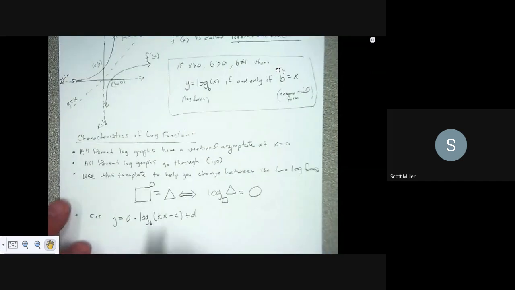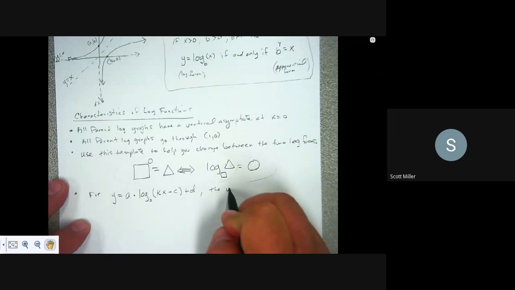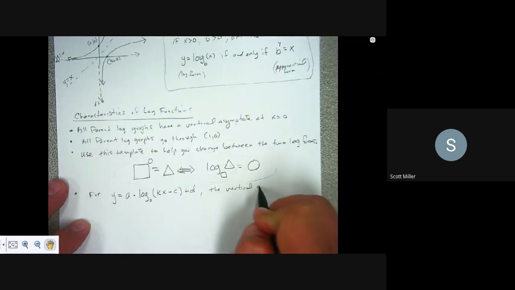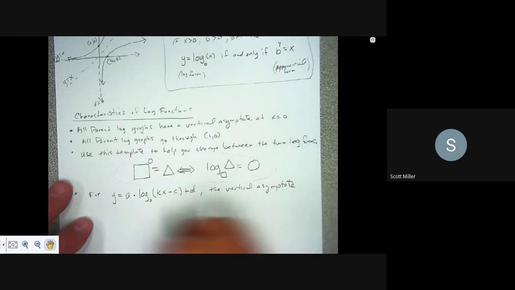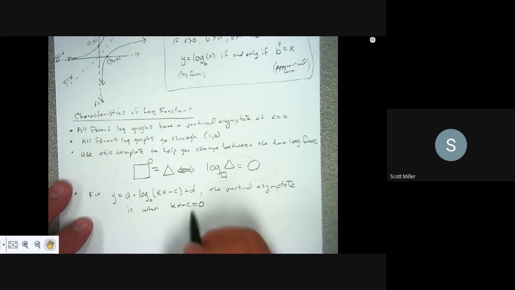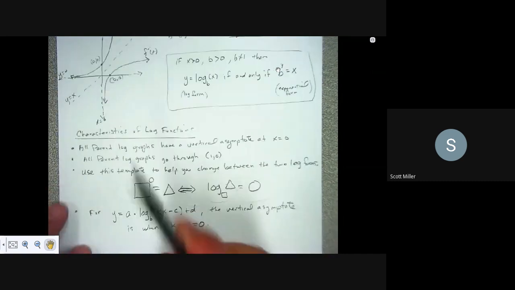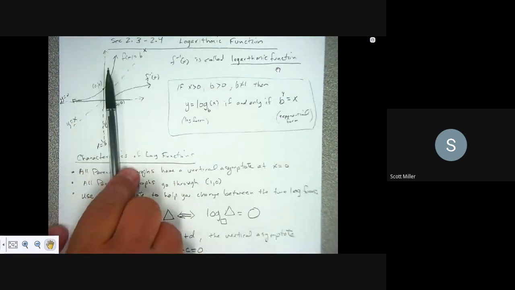So when I have it in this format, the vertical asymptote is when kx minus c equals 0. Solve that for x, and you will get your right or left shifts. And all parents start at 0.